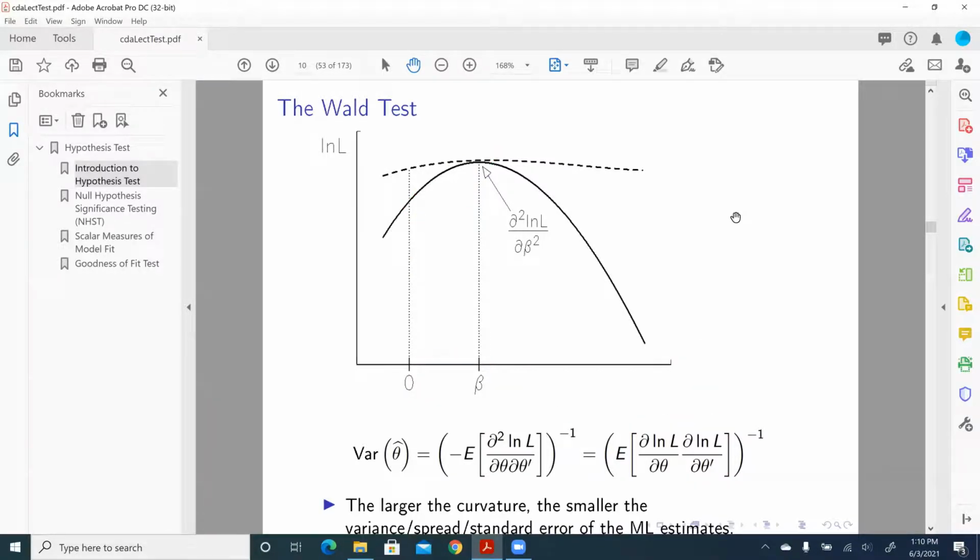The larger the curvature, the smaller the variance, spread, or standard error of the ML estimates, and the more likely we're going to get a large test statistic. Actually, it's chi-square, and very likely we're going to reject the null.